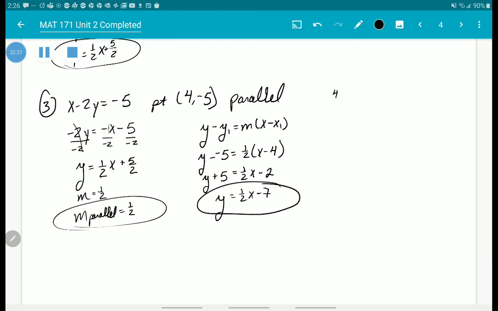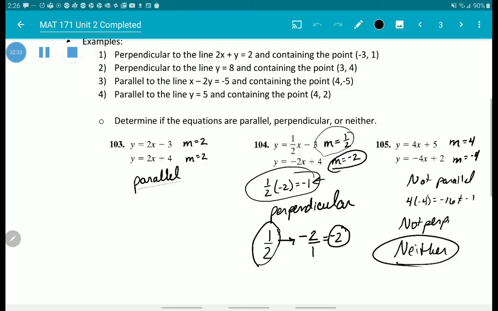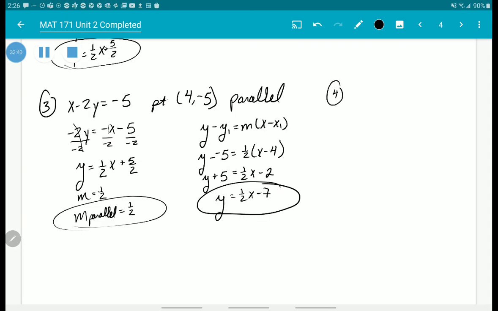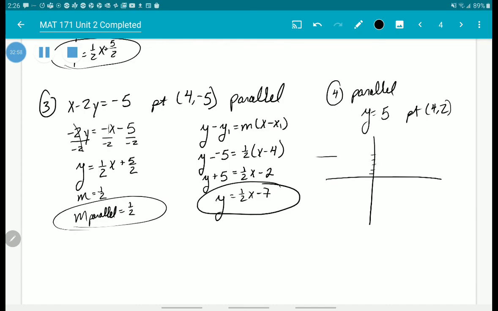And then let's look at that last example. In that last example, we want to be parallel to the line y equals 5, and we want to contain the point 4, 2. Parallel lines, we're looking at y equals 5 through the point 4, 2. So let's graph what we have. Here's the line y equals 5.